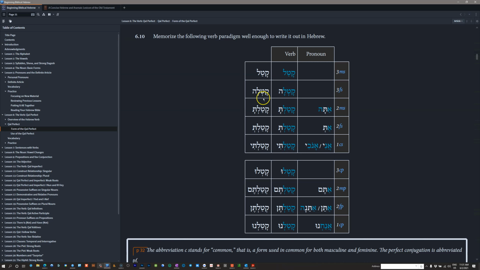So what Hebrew's going to do here is it's actually going to reduce the patach to a shva here. Now this is a vocal shva because the vowel that precedes it is not short, so this is a vocal shva. But instead of katala, we get katla.